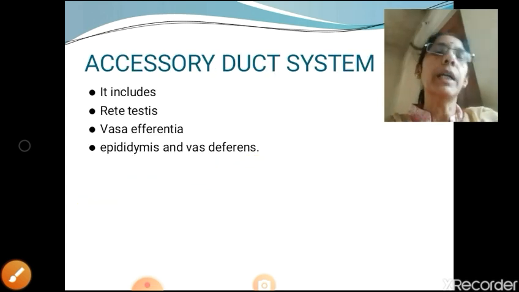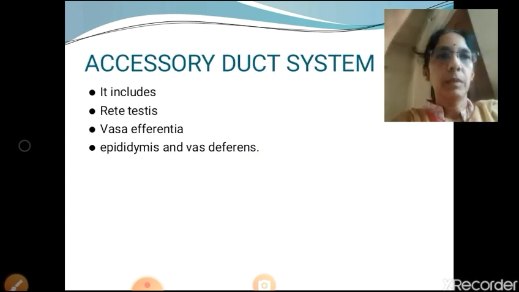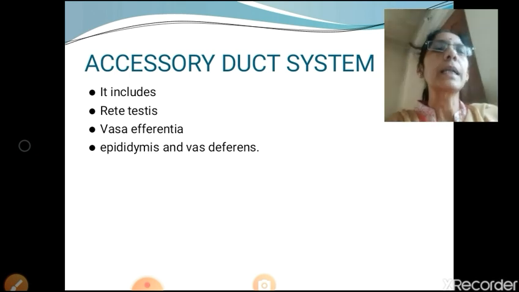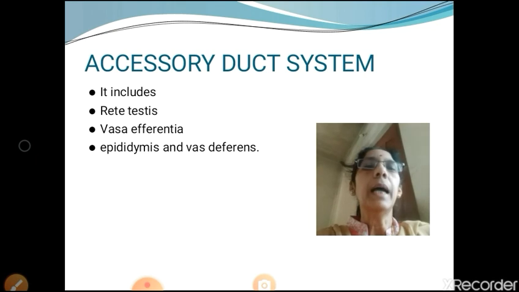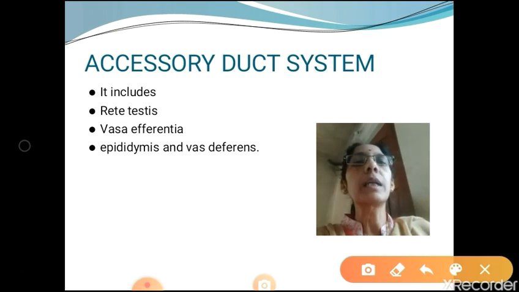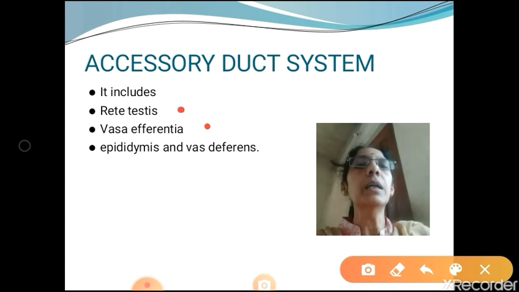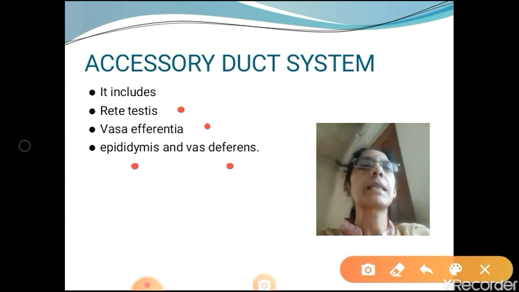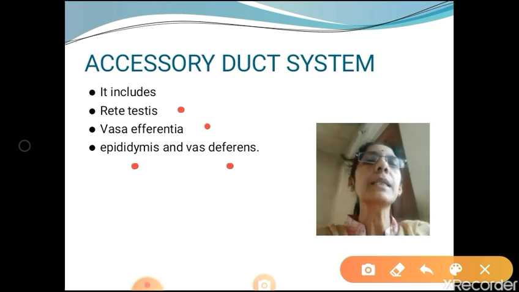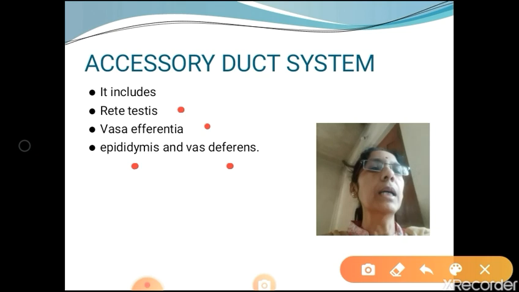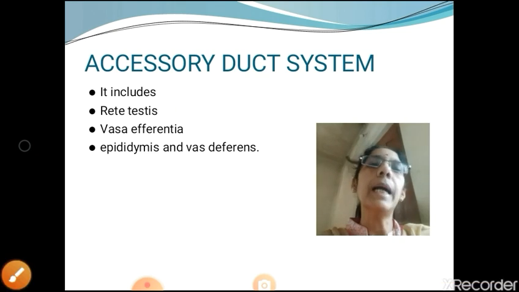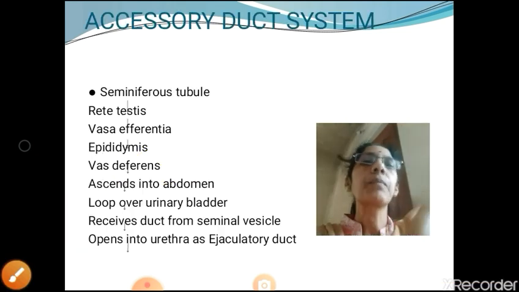Now move on to the next part of the human male reproductive system, the accessory duct system. This system includes rete testis, vasa efferentia, epididymis and vas deferens.